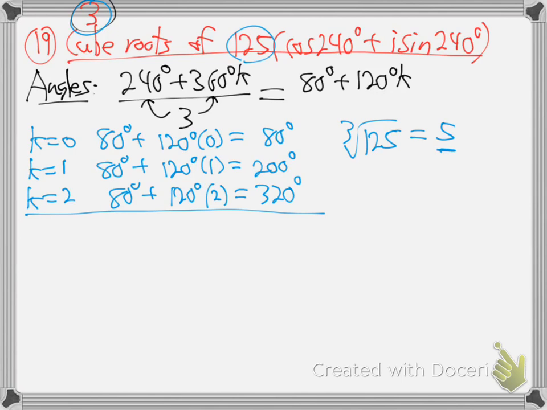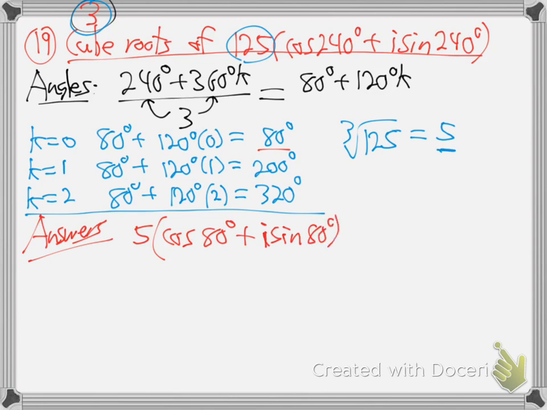So let's crank them out. Here we go. How many answers? 3. Yeah, cube root, 3 answers. So it's going to be 5 cosine, then you just do the angle sine. Here comes the 80 first: cosine 80 plus i sine 80. Next comes 5 cosine 200 plus i sine 200.